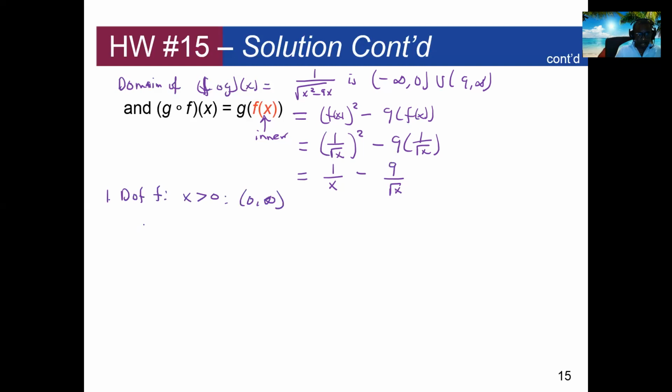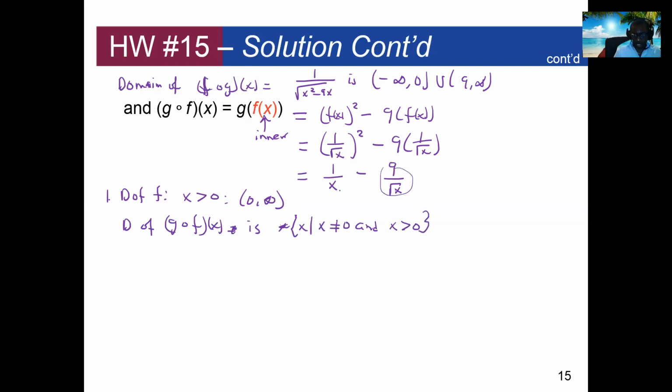What's the domain of our composite function g composed with f, as we found? In set notation, x cannot equal 0, and x is greater than 0 for this expression here.